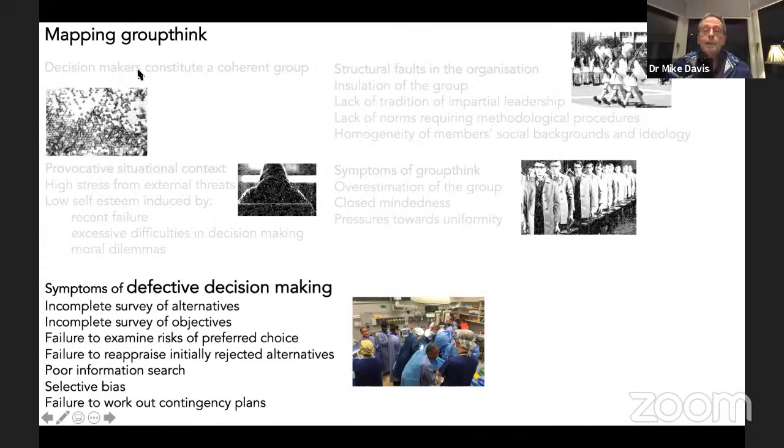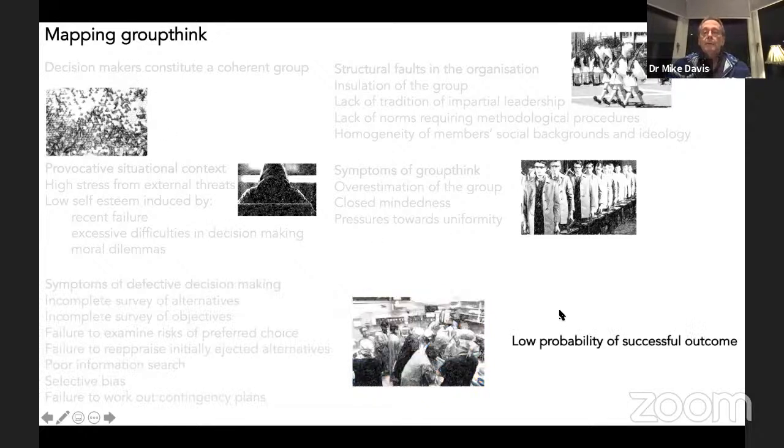And finally, we've got this notion of a low probability of successful outcomes if those sorts of things combine in particular ways to encourage people to respond inappropriately when given the opportunity to impact on a decision.